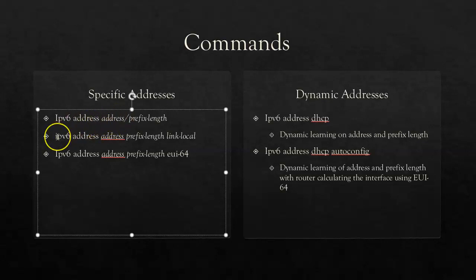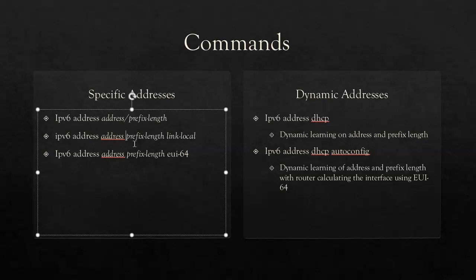And then if I want to tell the interface that it's going to create link local addresses, remember, that's that FE80 address. I can define whatever prefix length I want here as long as it's greater than 10.